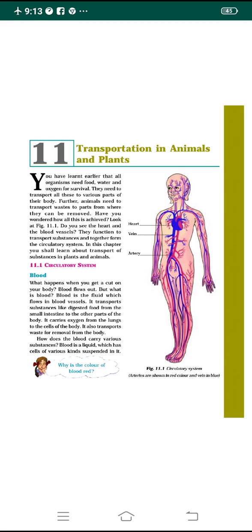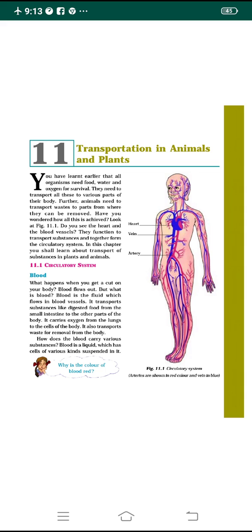It also carries oxygen from the lungs to every cell of the body. Not only does it supply oxygen to each and every cell, it also does another important function, that is removal of waste from the body. This kind of function is done by the blood.